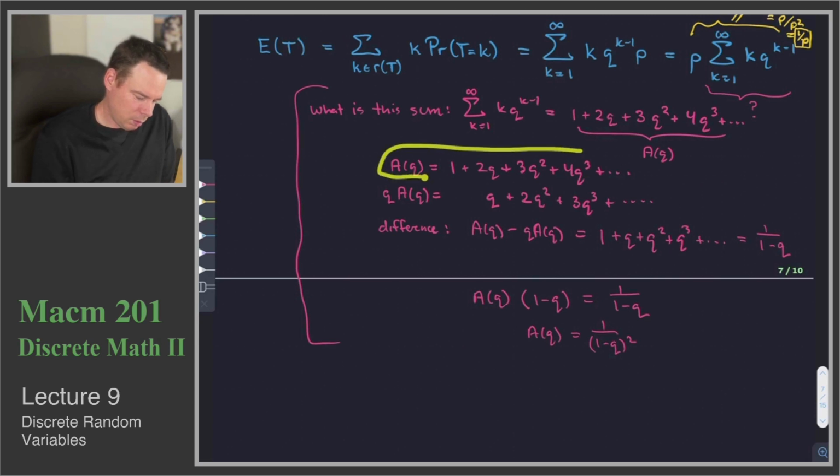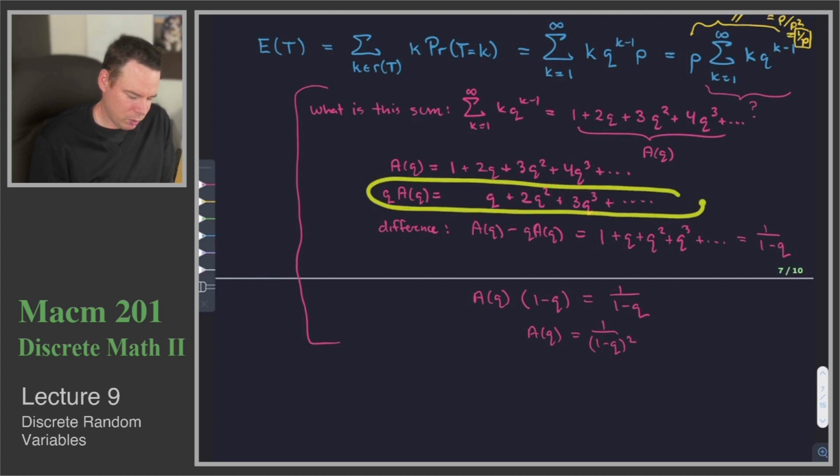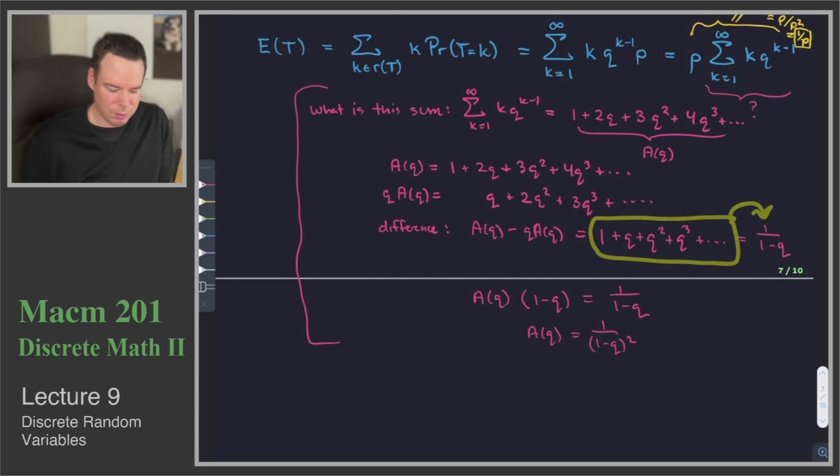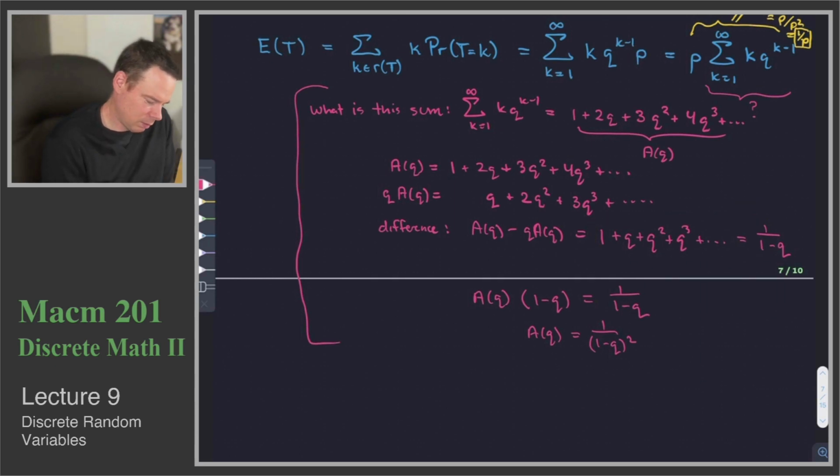Well, there it is written out. a(q) is equal to that sum. If I multiply it by q, I get almost the same sum. It's just that each of the terms differ by, essentially the coefficients differ by 1. So that indicates to me that I should take their difference, because then I get a sum that I know the value of. It's a geometric series.